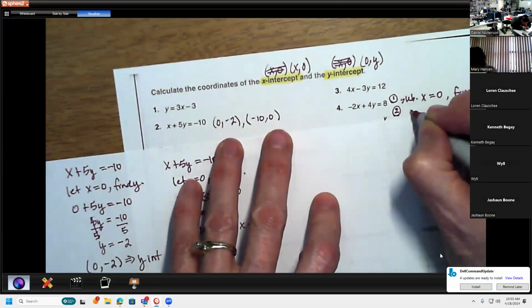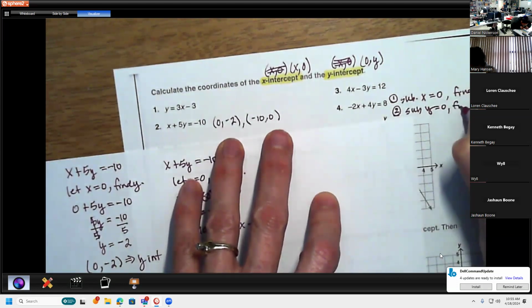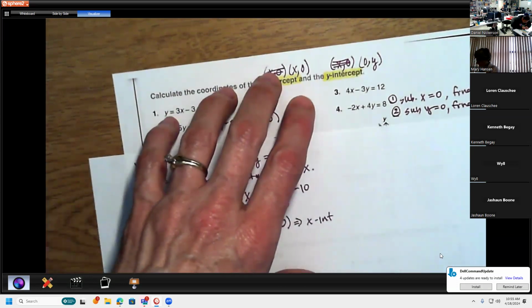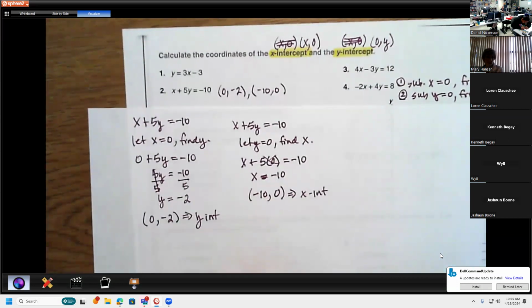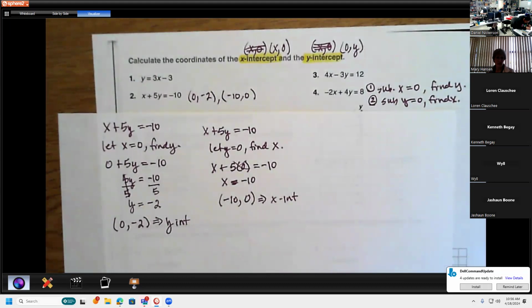And your second task would be substitute y equals 0 and then find x. So try number 4. Probably going to need another sheet of paper to do some calculating and your work on. But I'll give you a handful of minutes to work on that and see what you can do. And then we'll talk about it.